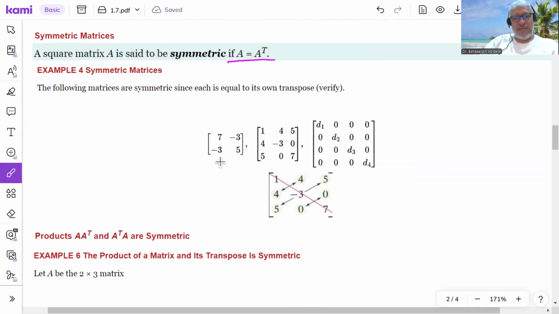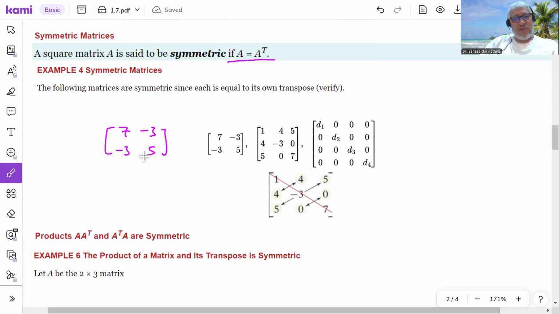So here, if you find the transpose of this matrix, it would be 7, negative 3, the first row, write it as the first column, and the second row, write it as the second column. Now, compare these two, they are equal. So it is a symmetric matrix. So this is symmetric, this is also symmetric, and this is also symmetric.